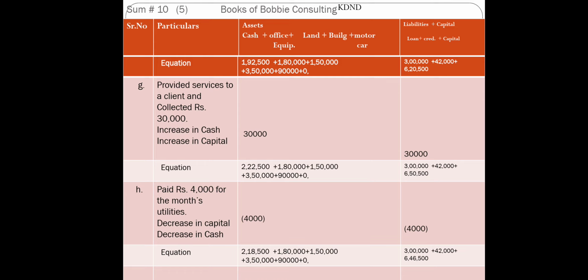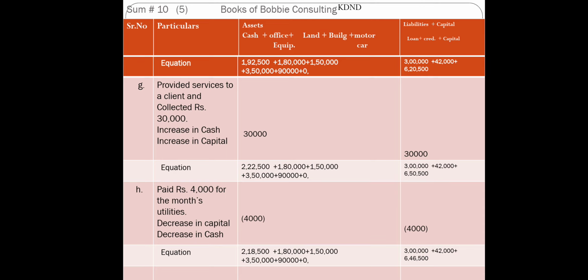Now client is given 30,000 as a service, 30,000 rupees service. So we are going to receive 30,000 rupees, so that will increase the capital because it is an income for us. So income, that is capital increase, and cash will increase, right? Because we are going to receive the cash. So you can see that accounting equation tallies with the same amount.